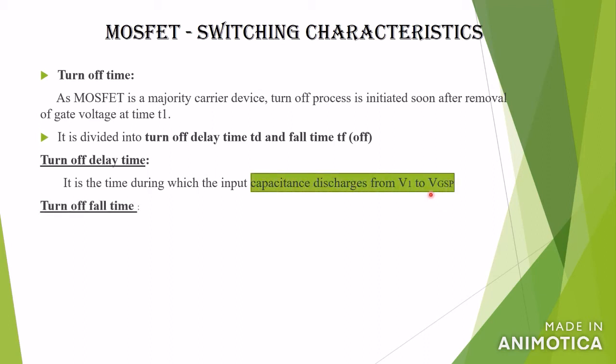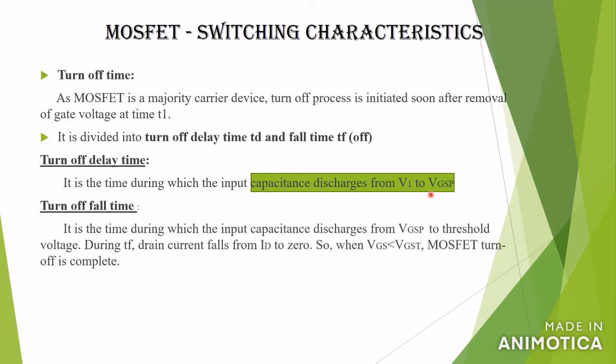Next, turn off fall time. This is the time during which the input capacitance voltage will further discharge from VGSP to the threshold voltage. Once the voltage falls below this threshold value, no current will flow through the device, as we have already seen. Once the capacitance starts discharging, the drain current also starts falling. During turn off fall time, this drain current falls from ID to 0.